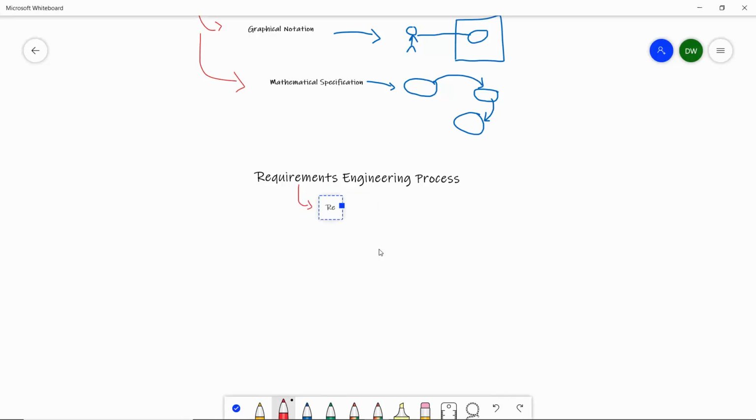First one we do is requirements elicitation. And then we do requirement analysis. And thereafter we think of requirement validation.